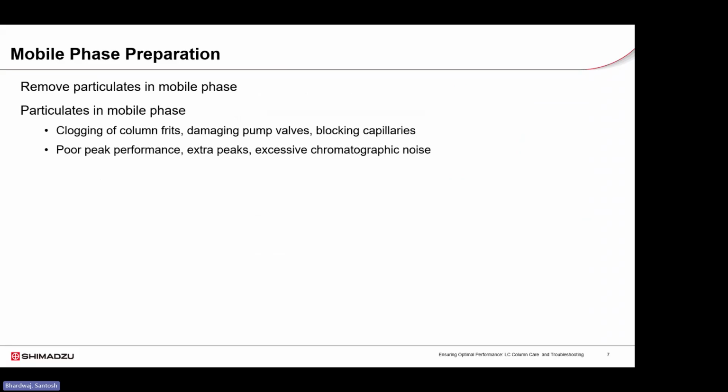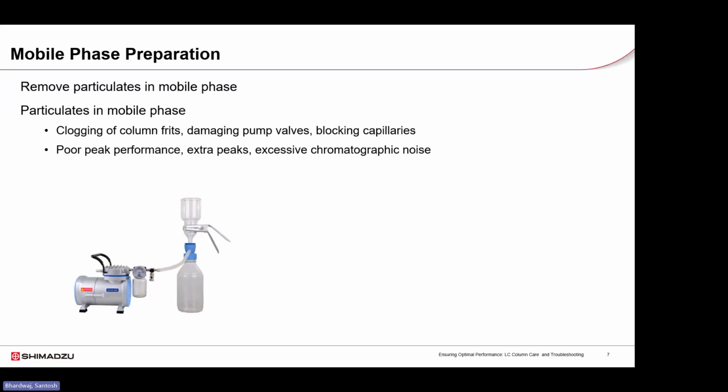Proper mobile phase preparation is very important for protecting the column and ensuring reliable results. If the mobile phase contains particles or undissolved buffer salt, these can block the column frits. This can lead to high back pressure and may even damage the pump. Contaminated mobile phases can also cause ghost peaks and unstable baselines, which negatively affect data quality.